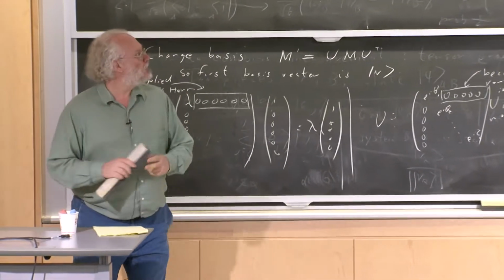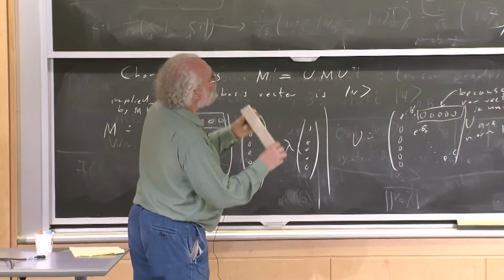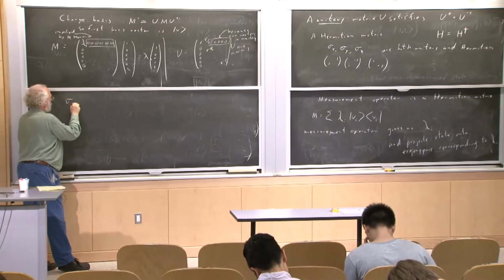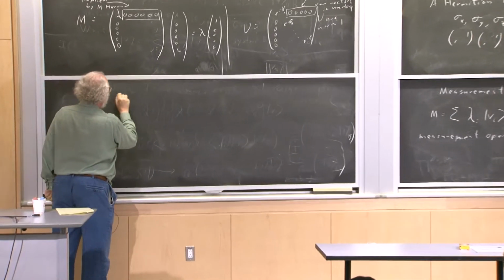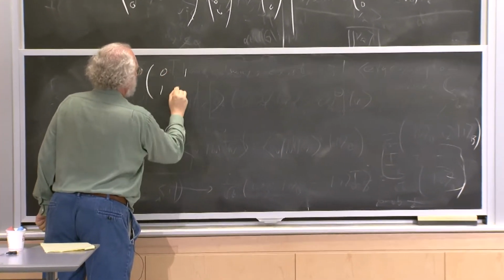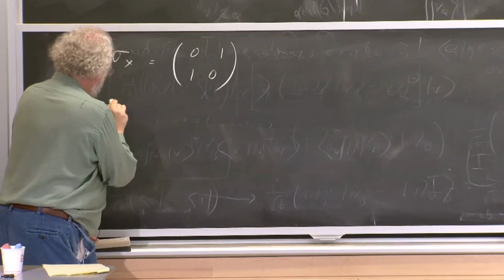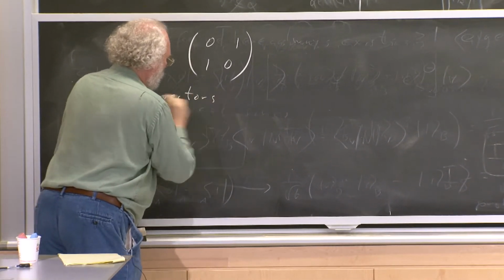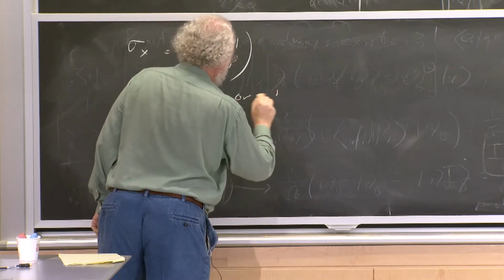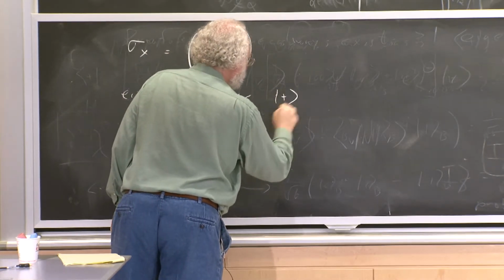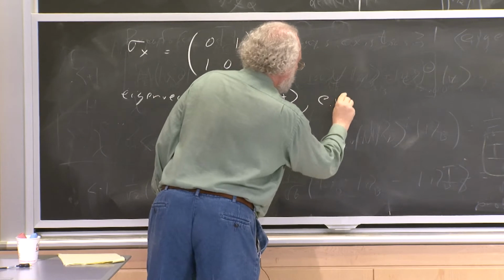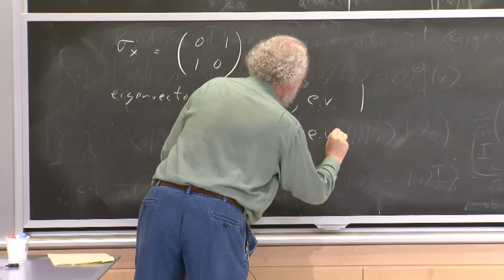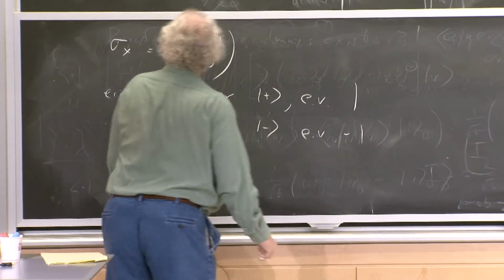So I want to explain this for sigma x, sigma y, sigma z. Sigma x equals [[0, 1], [1, 0]]. The eigenvectors are plus with eigenvalue 1 and minus with eigenvalue minus 1.